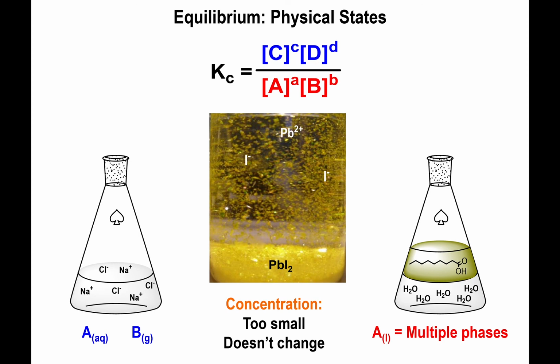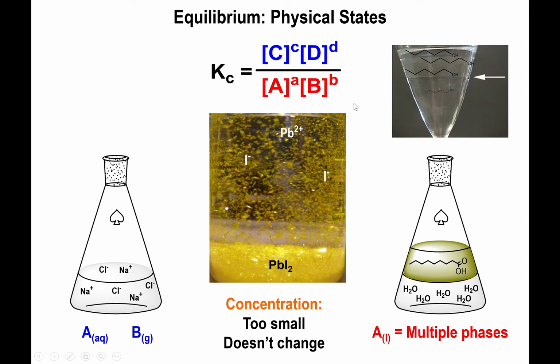And so water will also not make it into the expression for the equilibrium constant. So just be sure to revisit your solubility chart and remember that in terms of substances, water, pure mercury, pure bromine, those things are liquids, right? So you wouldn't actually input them into the equilibrium expression.